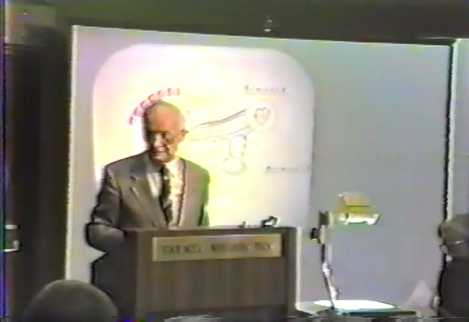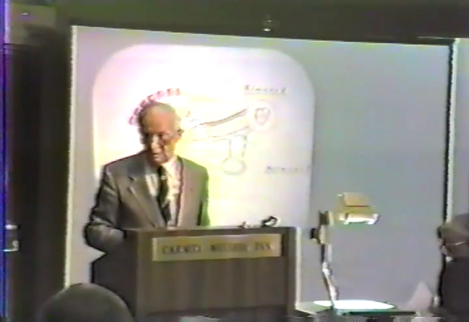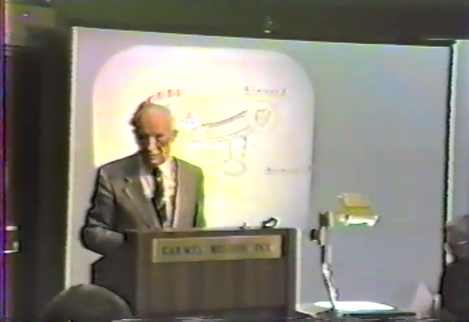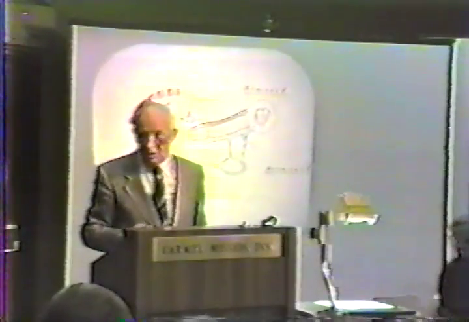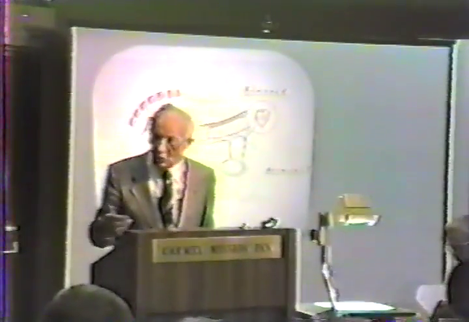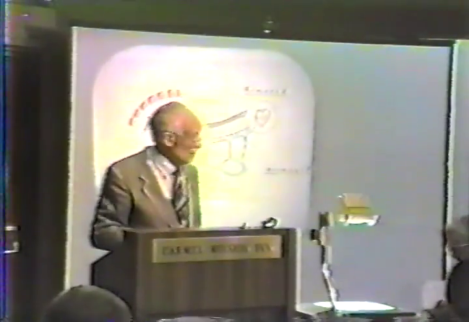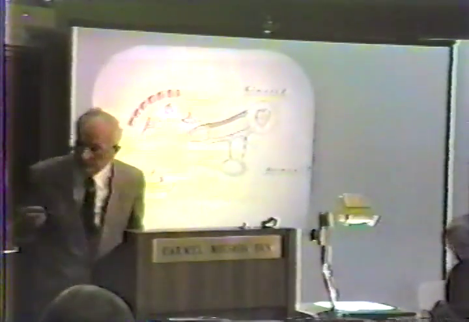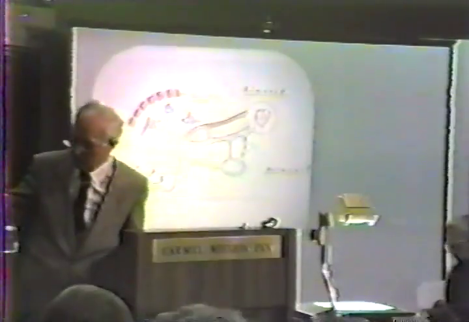And then in the end, when things become really quite bad, the blockade comes in. And of course, the end result of this phase then is the presence of cancer.